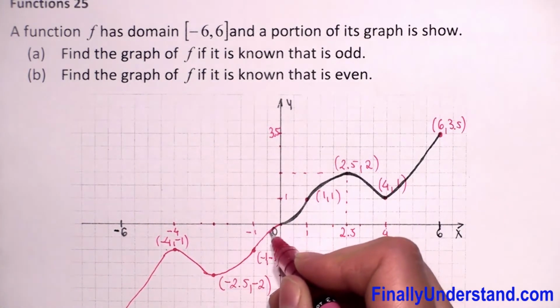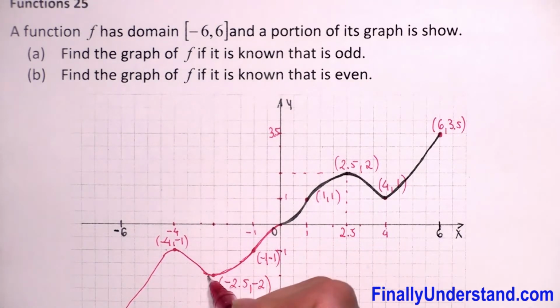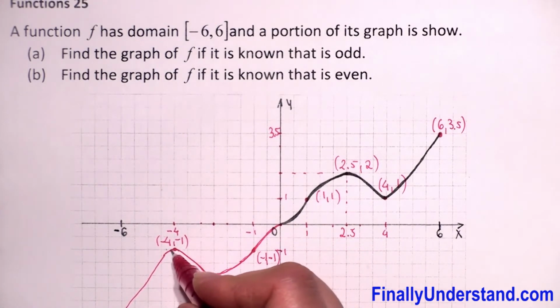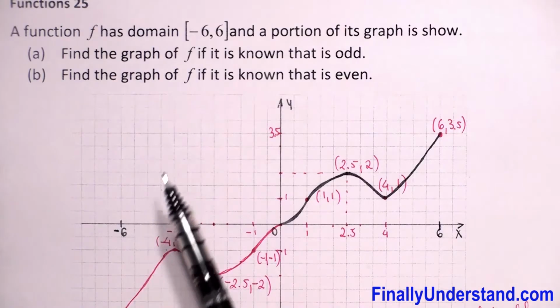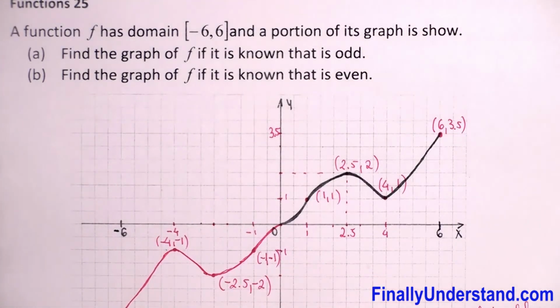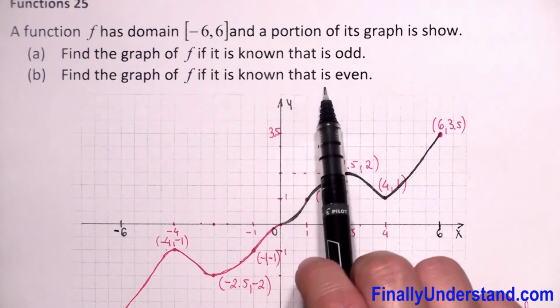So this will be our f function, symmetric about the origin. It means this function is odd. F is odd.